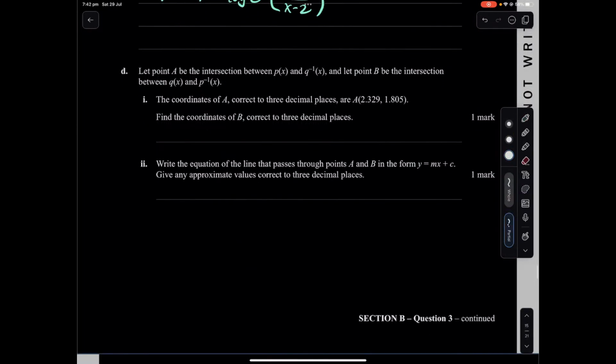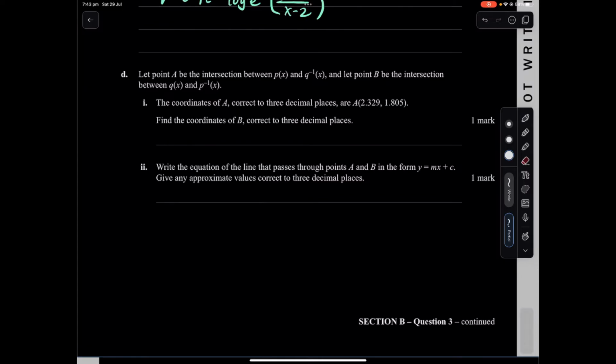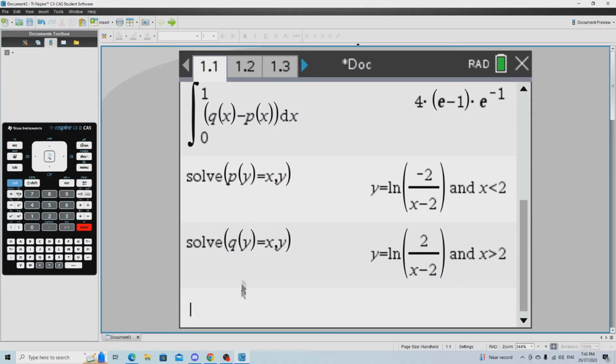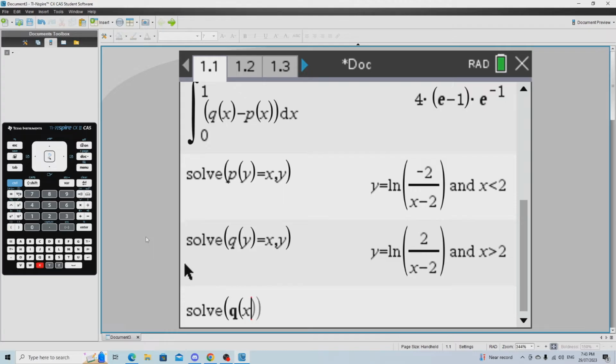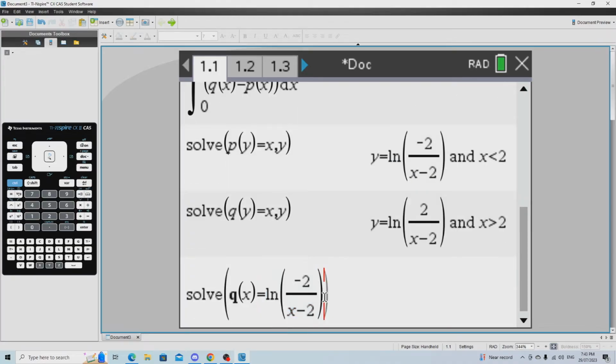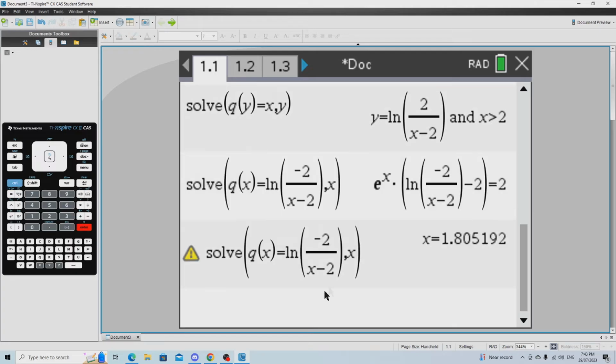Let point A be the intersection between p of x and the inverse of q, and let B be this and that. Find the coordinates of A. So the coordinates of A is this. Find the coordinates of B. To do that, we want to solve q of x equaling the inverse of p, which is this one over here. So if I take this and put it over here, comma x, that gives us this value.